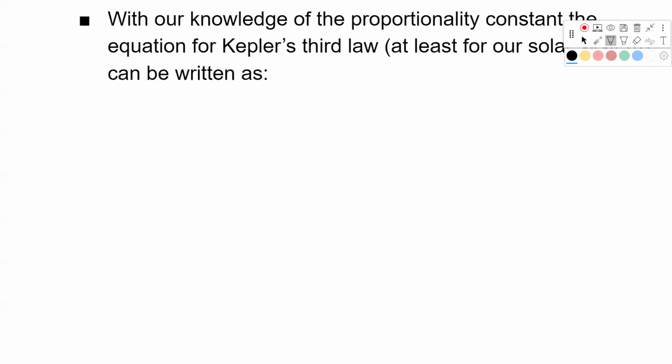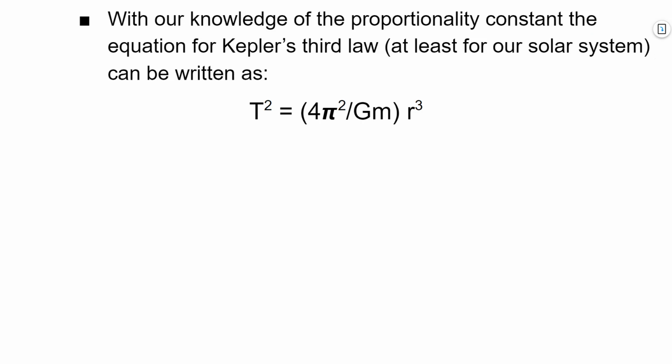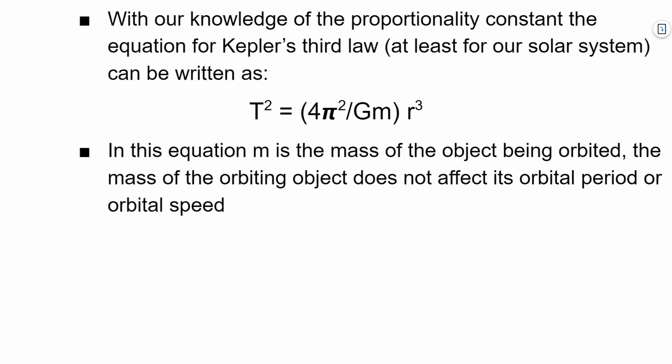With our knowledge of what the proportionality constant is, at least for our solar system, we can rewrite Kepler's third law to look like this, which is what we just did. In this equation, M is the mass of the object being orbited, aka the sun. The mass of the orbiting object will not have an effect on its orbital period or on its orbital speed, which is why we can ignore it.